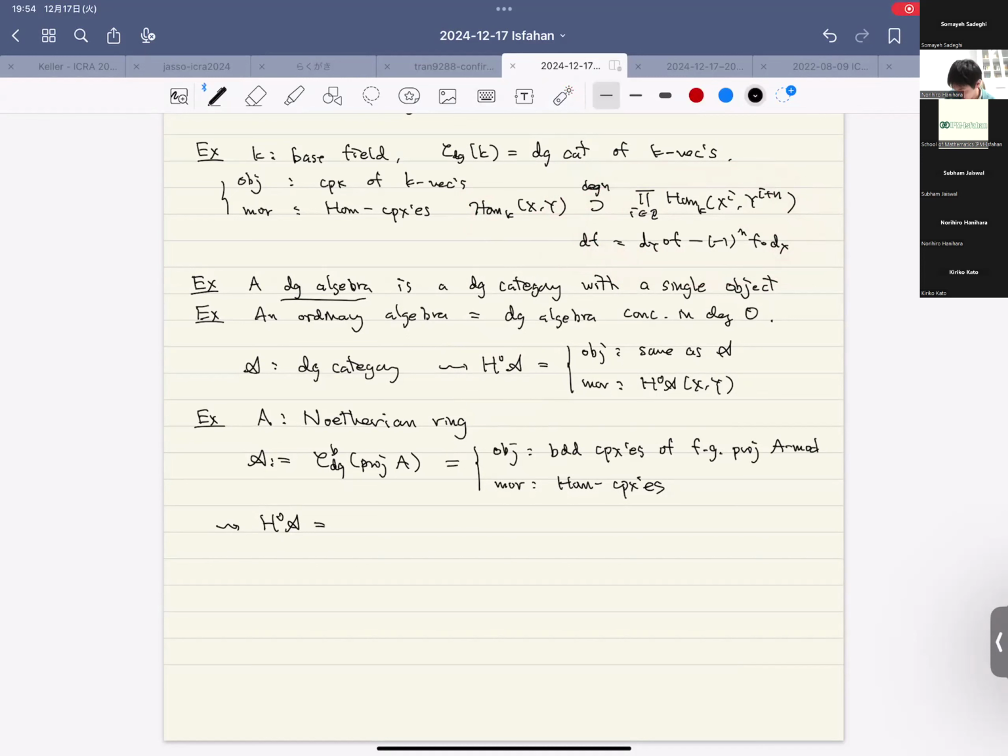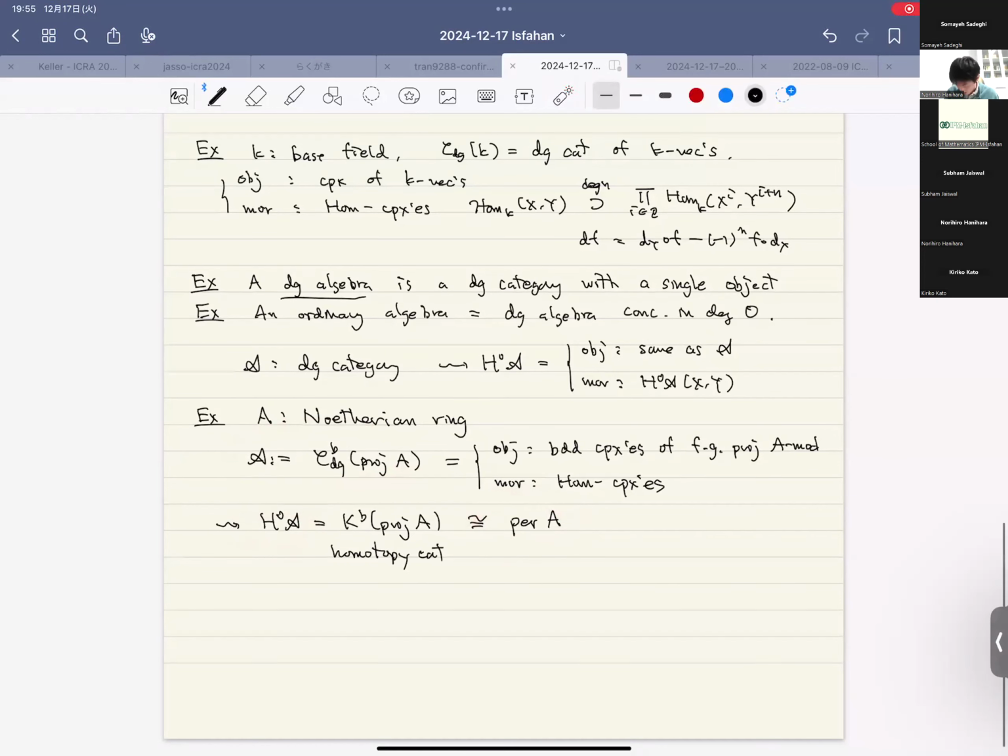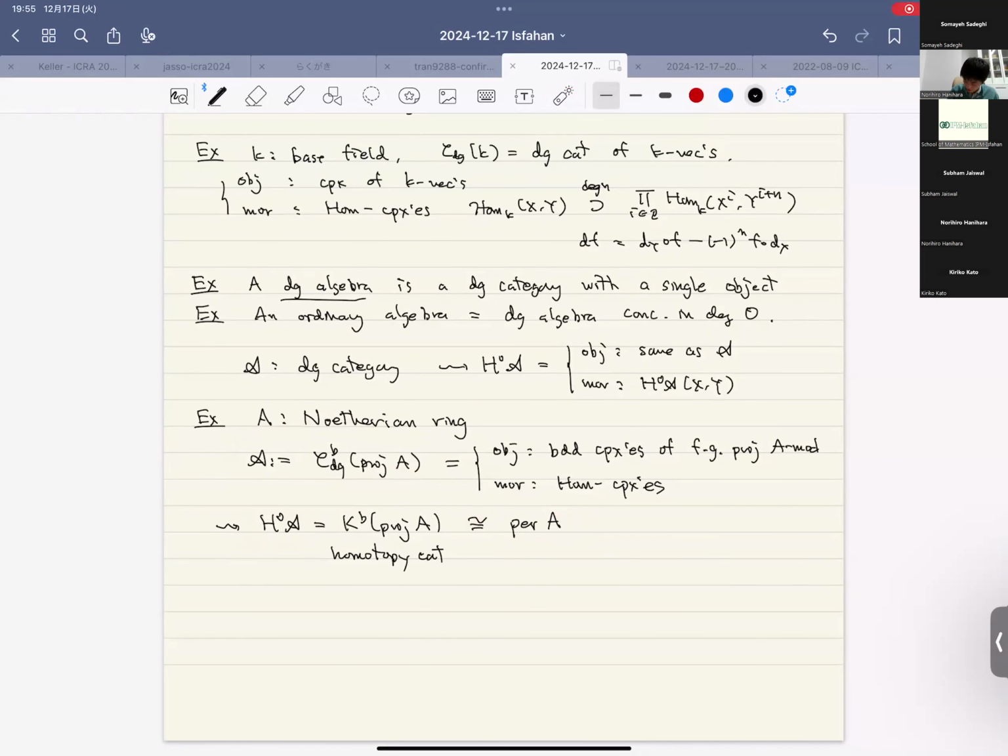So as an H0 category, what we get is nothing but the homotopy category, which is equivalent to the perfect derived category of A. In this way, we can realize this triangulated category as H0 of some DG category, and in this sense this DG category is called an enhancement of this triangulated category.